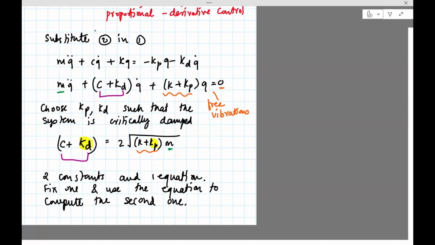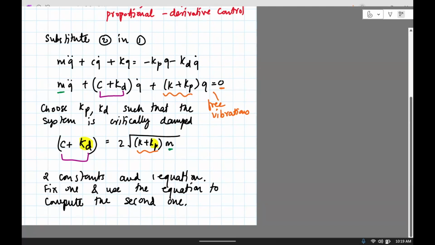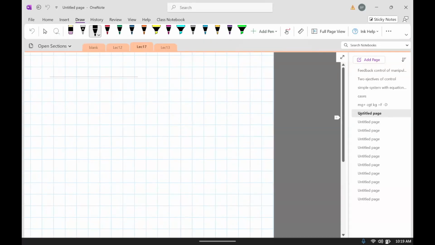Keep anything fixed. So what we'll do is, let's say Kp is fixed. Okay, Kp is fixed. We solve for Kd. Fix Kp, solve for Kd.